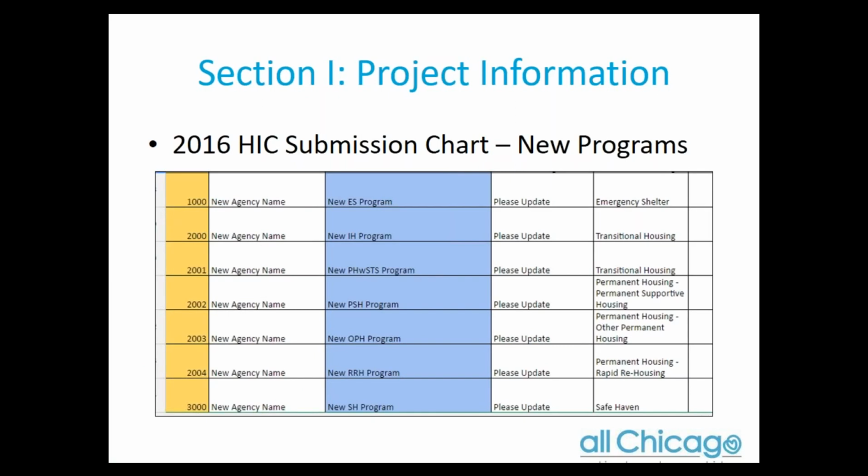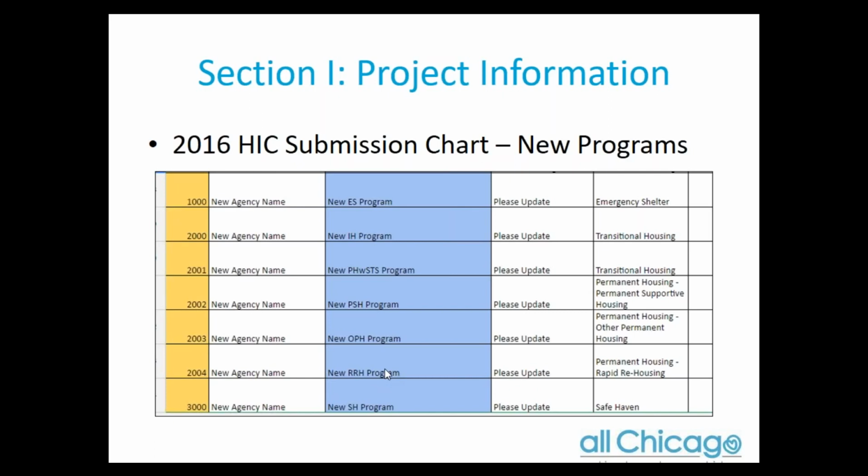For a new program, I know if you did not participate in the HIC last year, we won't have any of your HIC information from 2016, and we don't have your HMIS ID number or username. So what we have to do is enter you as a new program. If after looking at the 2016 HIC submission chart you do not see your program anywhere on there, go ahead and utilize the new program.